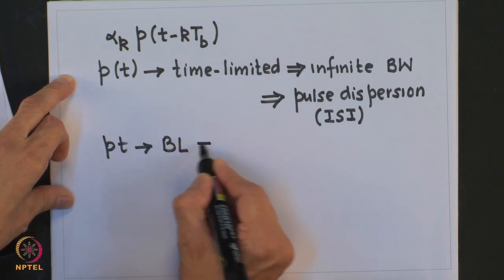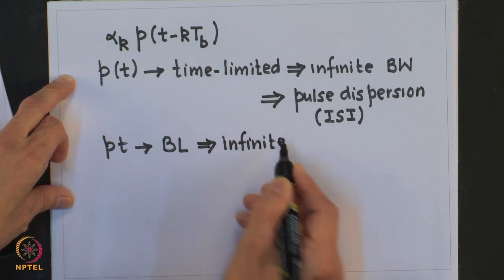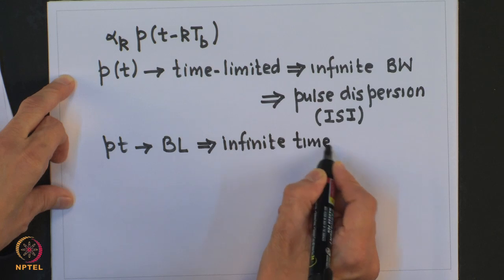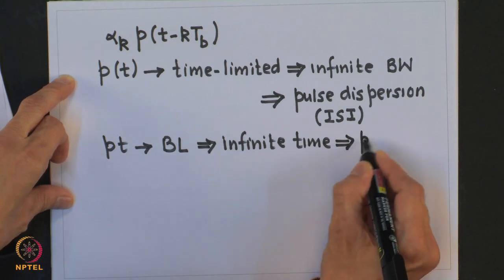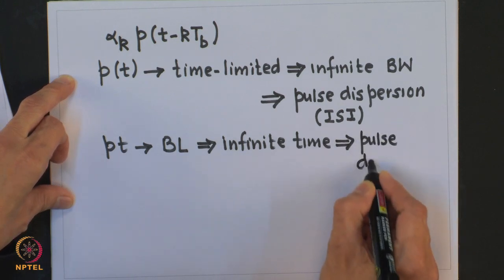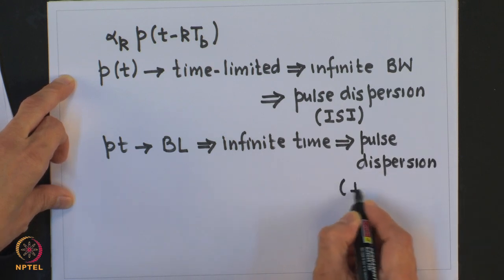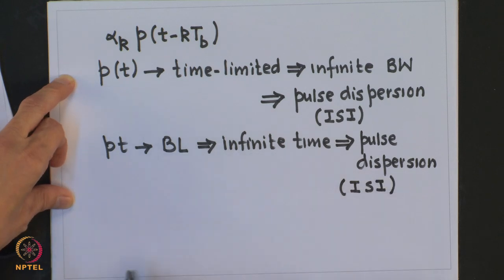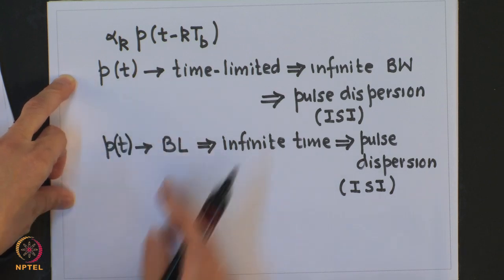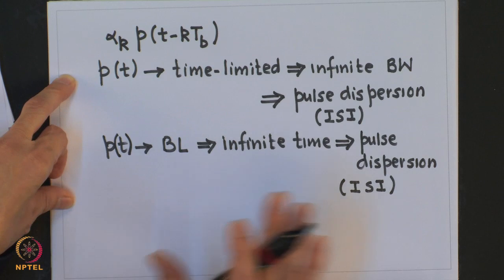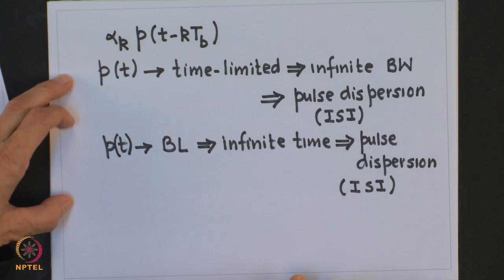But then this implies that p(t) will be of infinite time, which implies that there will be pulse dispersion, and again you will get ISI. So, irrespective of the choice of p(t), either time limited or band limited, on a band limited channel you will always get this ISI.